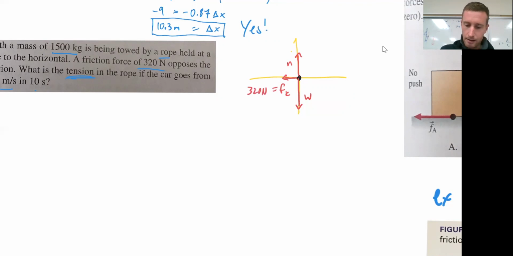And then I have a tension force on this rope, and I think that's going to be a pretty big one because it's pulling the car forward, so it's overcoming that friction force. That is a 20-degree angle, and that is the force of the tension, and I'm trying to solve for that.